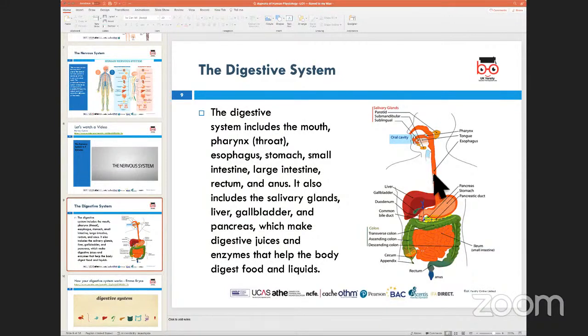The food pipe is called the esophagus. And then you have your tongue, which plays an important role. You have the pharynx, you have salivary glands. So there are 13 different organs which essentially make up what is called the digestive system. And if any of these malfunctions, you're not going to be able to digest food properly or in a way wherein it is required to be absorbed in your body.